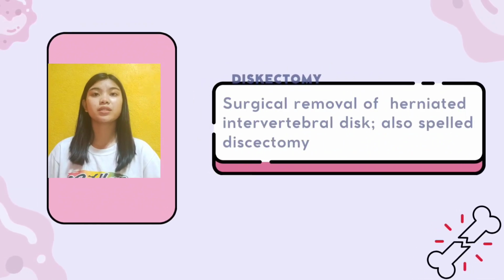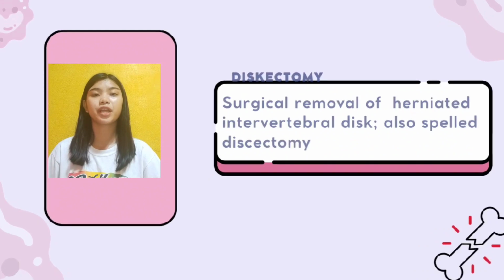A discectomy is done to relieve the pressure a herniated disc, also called a slipped, ruptured, or disc prolapse, places on the spinal nerve. A herniated disc occurs when some of the softer material inside the disc pushes out through a crack in the outer lining of the disc.